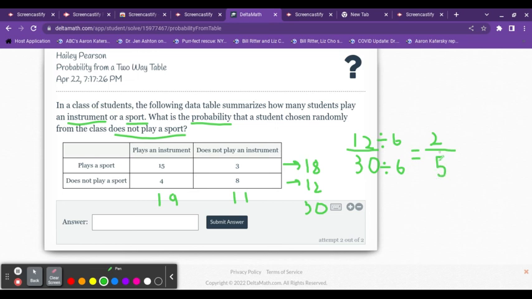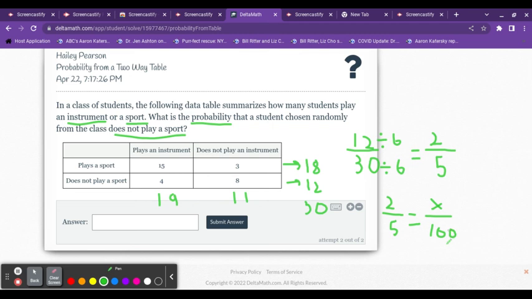And say if this question asks for a percentage, we would have to convert 2 over 5 to what over 100. So if we do 2 over 5 equals x over 100, because we're trying to convert this into a percentage, like if the question asks what percent.